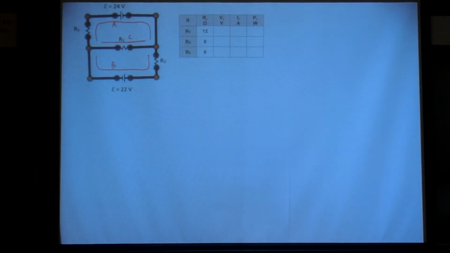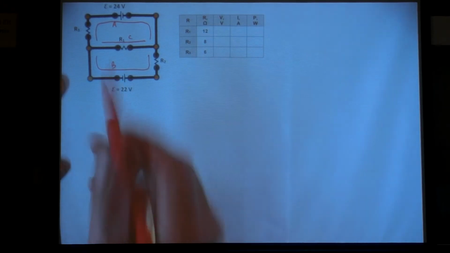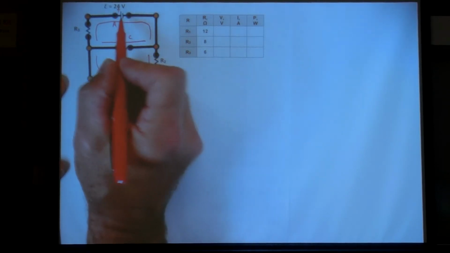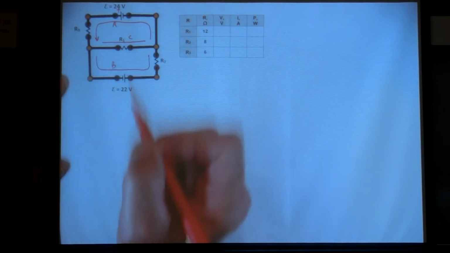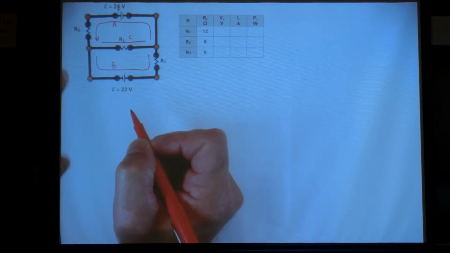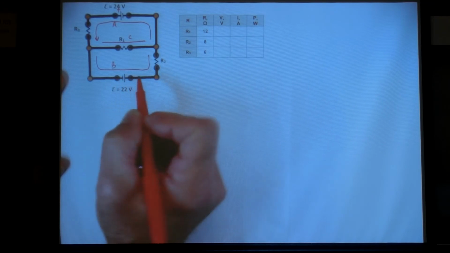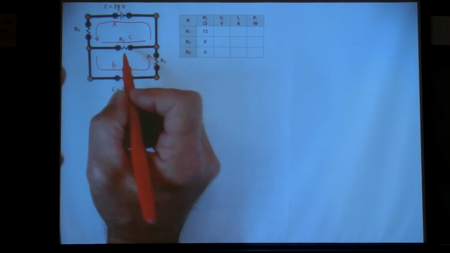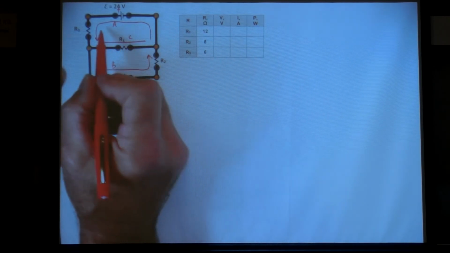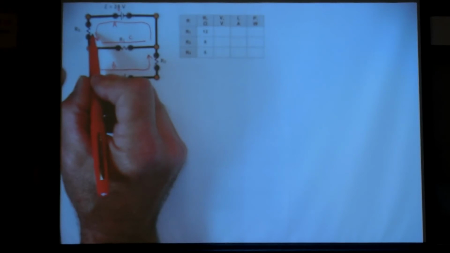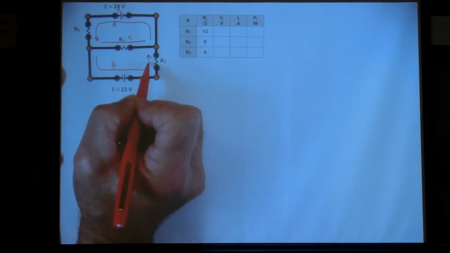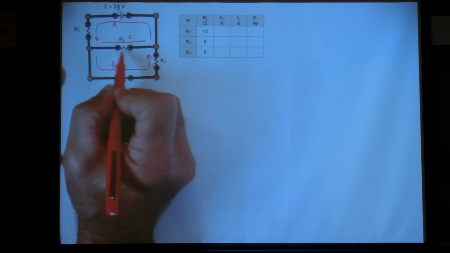Now we have to try to come up with a good estimate of which way the current will be flowing. Because the battery, the 24-volt battery, positive pushes to the left, I'm going to go ahead and assume it's that direction. This one pushes to the right, which is that direction. But in the middle, do we think that this voltage and current pushing this way will dominate the current coming from this one that would go this way?